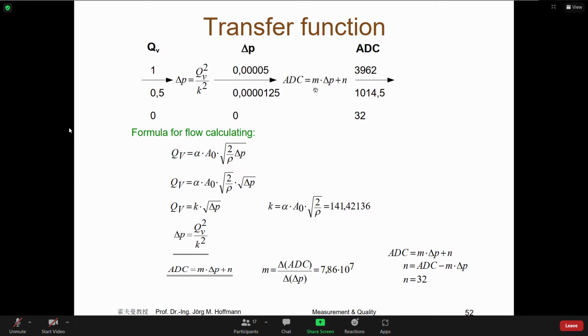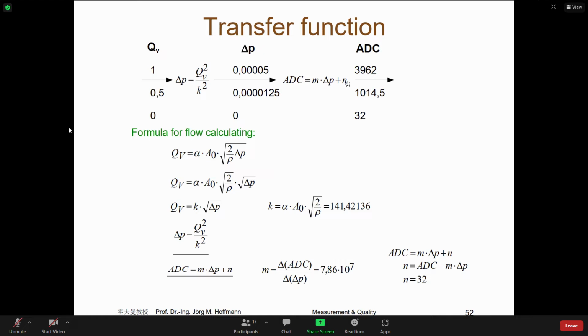And you have an M, you go with the delta pressure in, you have an N, because these are the ADC numbers. These are not the measurement results. These are the ADC numbers. And now we have to calculate all these constants. What are the constants?